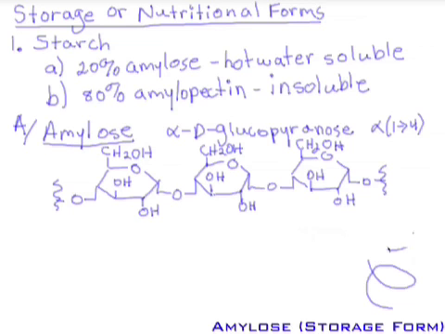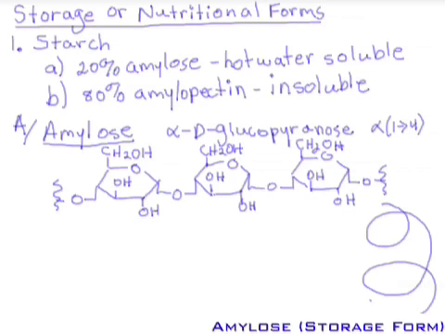Gotta be able to draw this better. I may give up after this one. Try it maybe the other way. Yeah, I'm giving up. So much for my artistic ability. The I2 inserts in the helical coil that is formed by the linear chain of alpha D-glucopyranoses connected through this alpha 1,4 linkage.